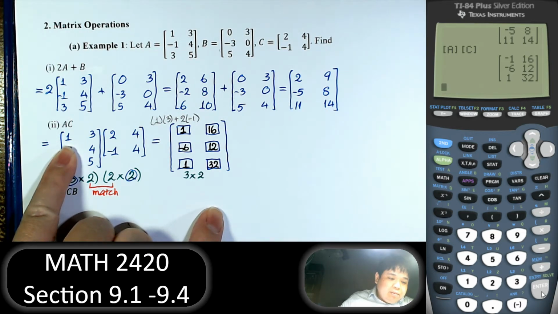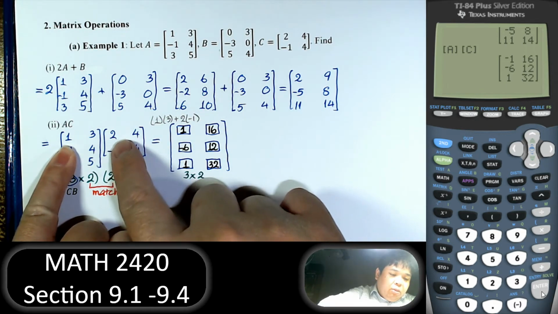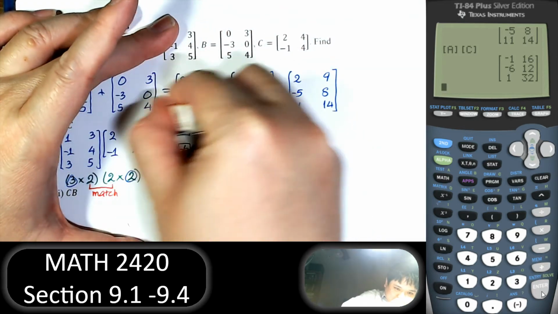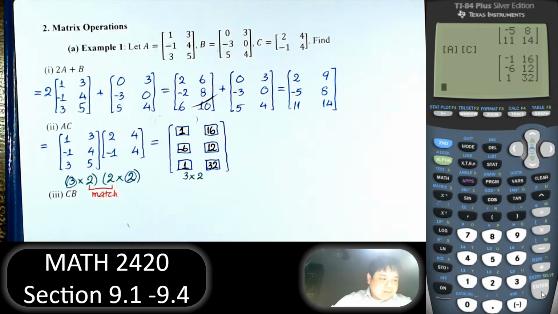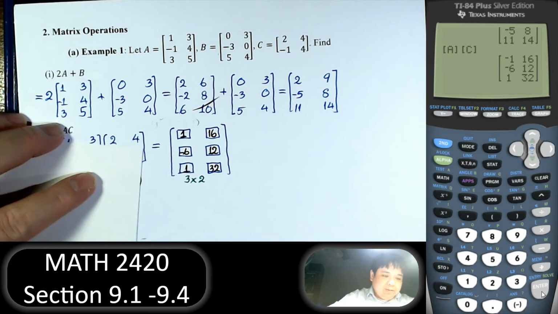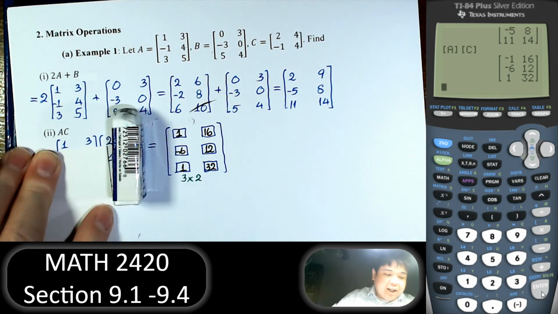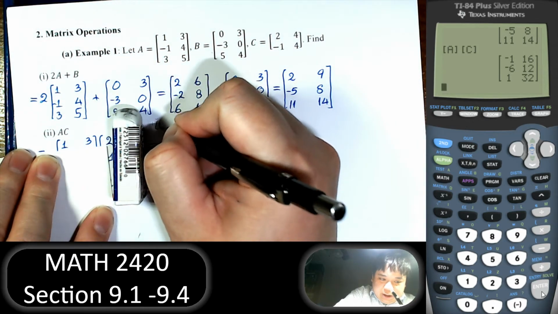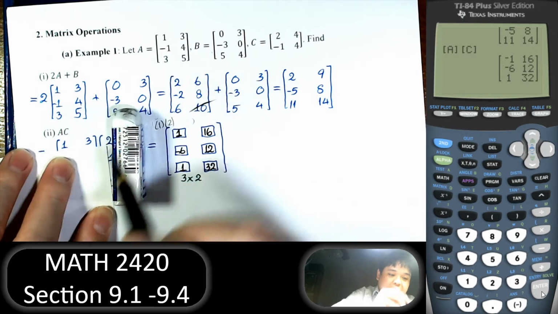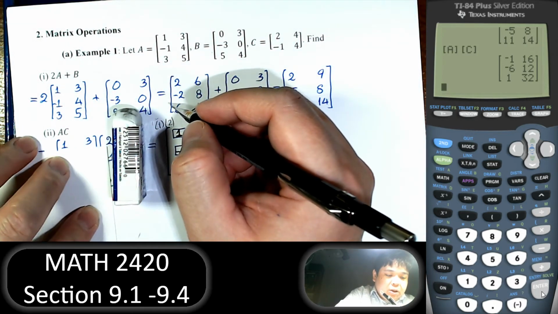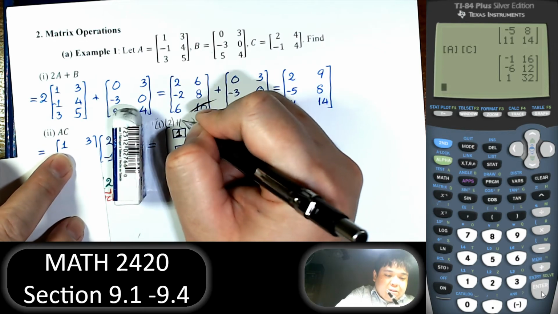I wrote this wrong. Okay, let's do that again. 1 times 2, the first with the first, the second with the second, plus 3 times negative 1, sorry.